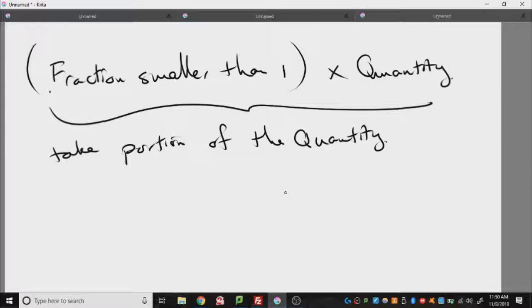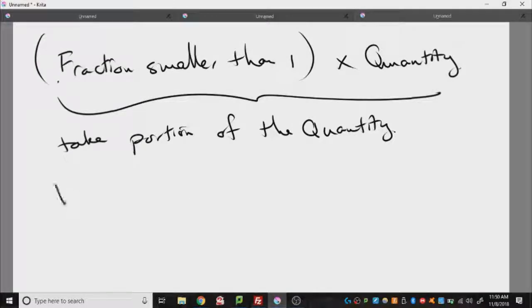That's not the intuitive concept of multiplication. If I have, for example, 2 times whatever quantity, what is the intuitive concept for that? How do we explain that? You're doubling your groups.